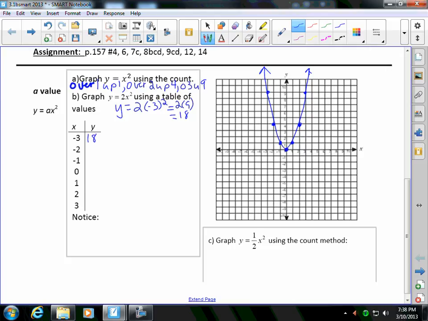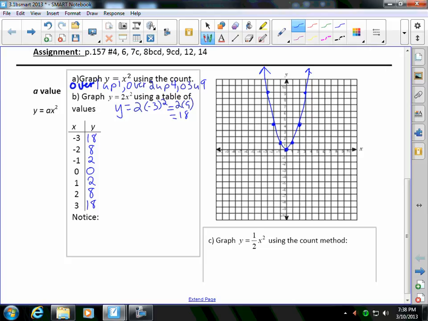Negative 2 squared would be 4 times 2 would be 8. Negative 1 squared is 1 times 2 is 2. 0 squared is 0, and multiply that by 2, you get 0. 1 squared is 1 times 2 is 2. 2 squared is 4 times 2 is 8. 3 squared is 9 times 2 is 18.